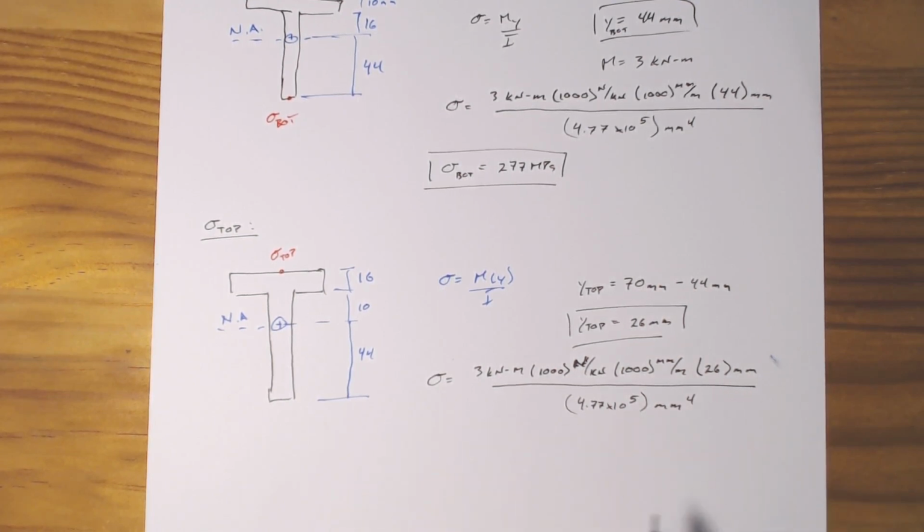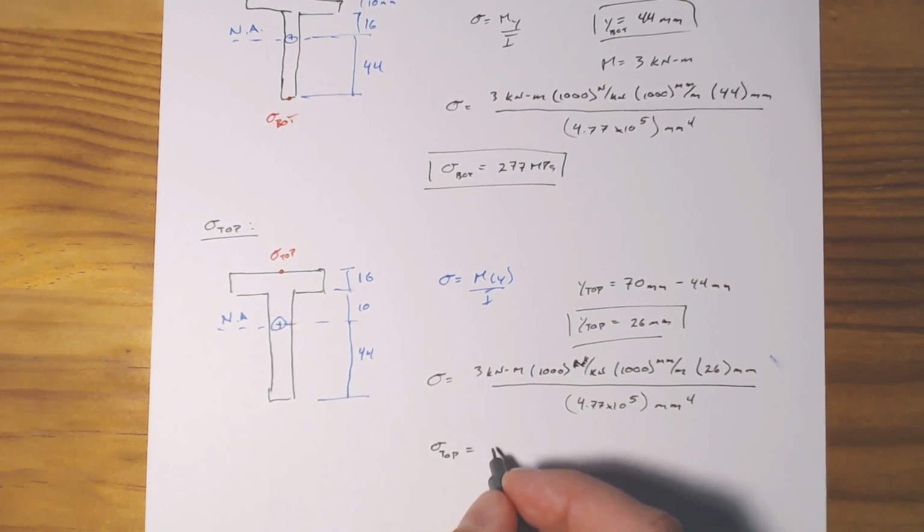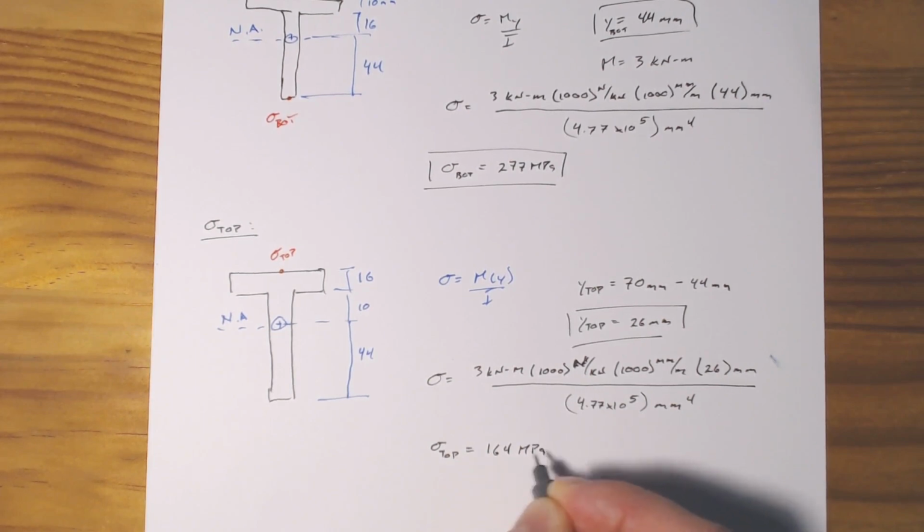And if we work through all of that arithmetic, we get sigma top equals 164 megapascals.